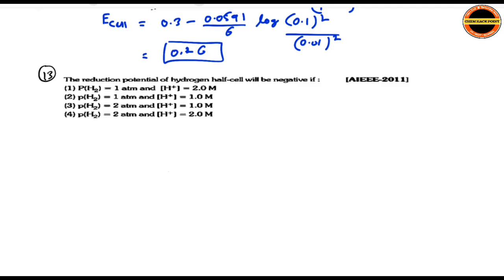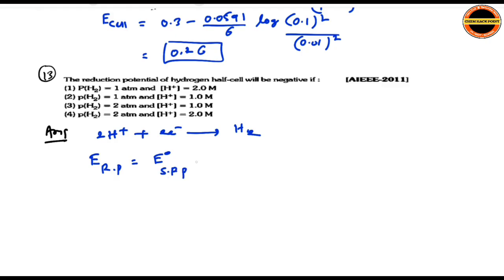Next question. The reduction potential of hydrogen half cell will be negative when? See this solution. Reduction reaction I am writing here: 2 H plus plus 2 electrons gives H2. So reduction potential is equal to E naught SRP minus 0.06 or 0.0591, anyone you can take, log of H plus ion concentration square by partial pressure of H2.